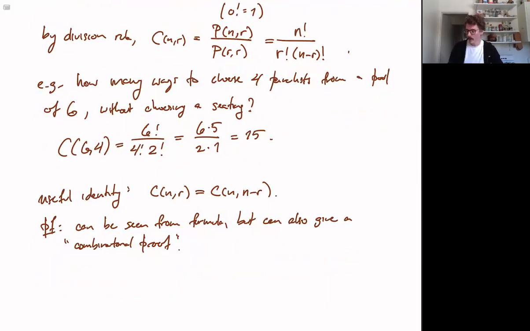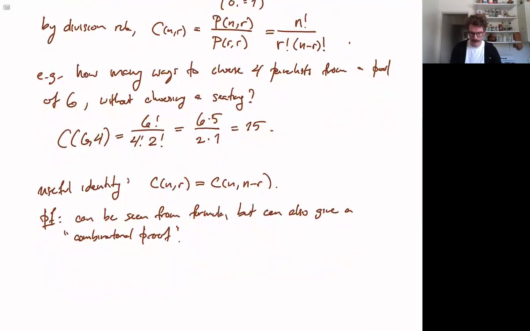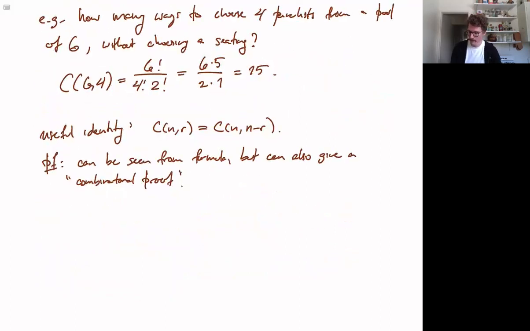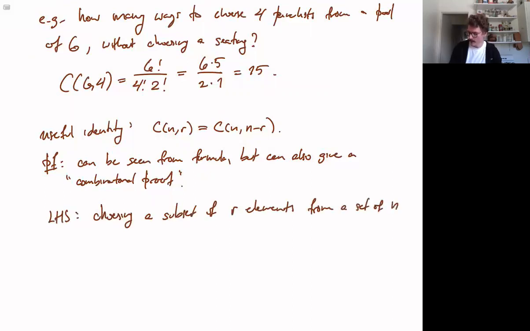So let's give a combinatorial proof of this identity. The left-hand side is choosing a subset of r elements from a set of n elements.